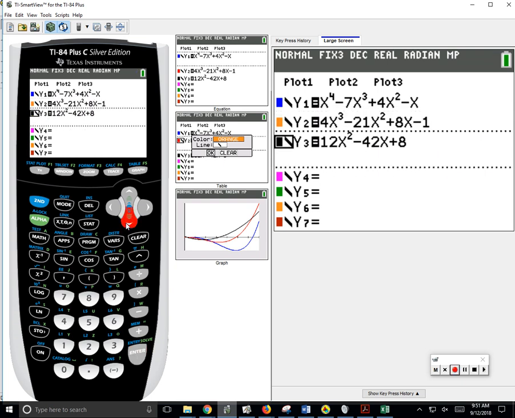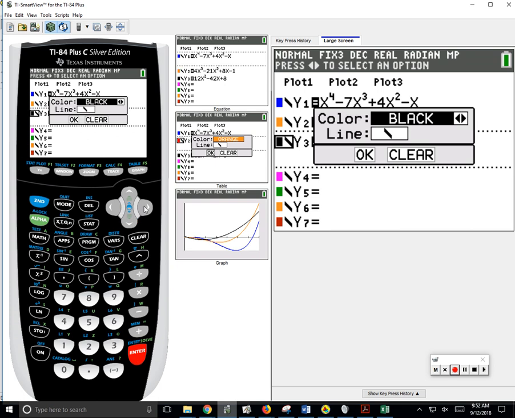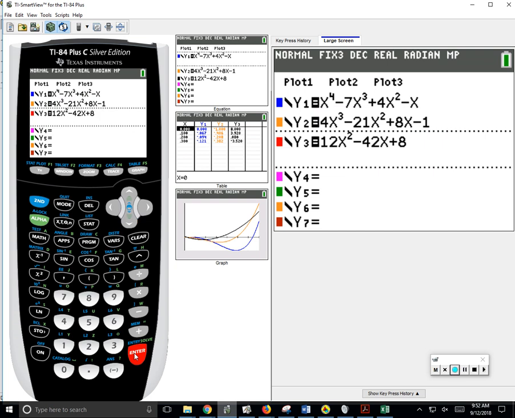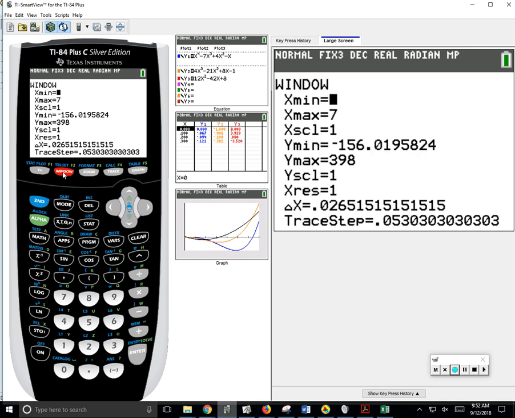So let's change that. So now let's window 0 to maybe 1.